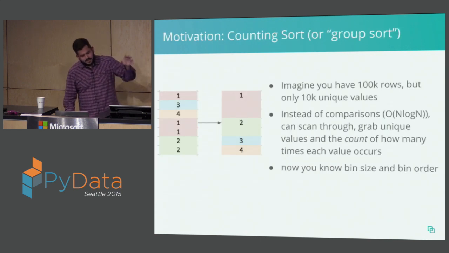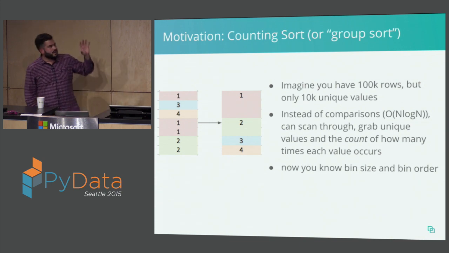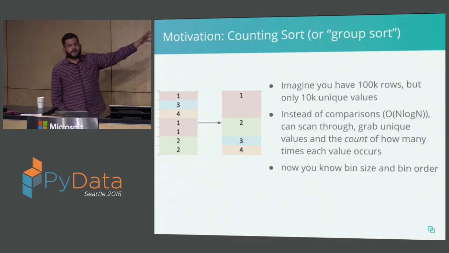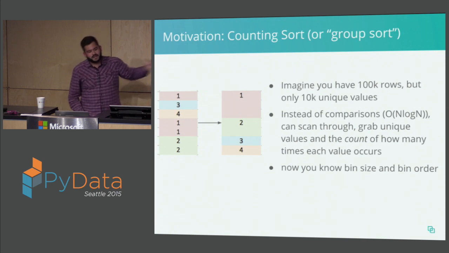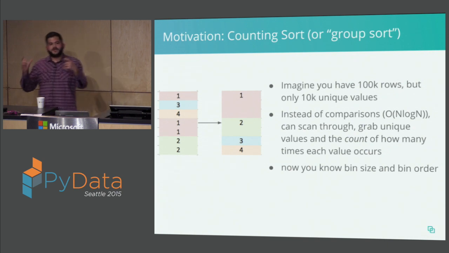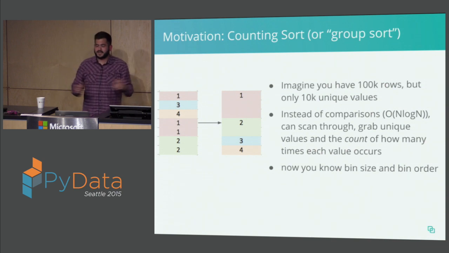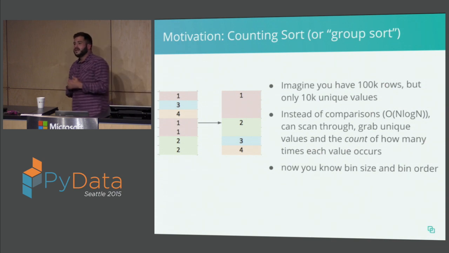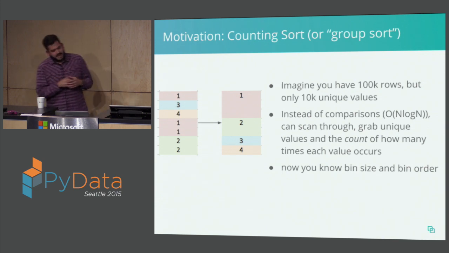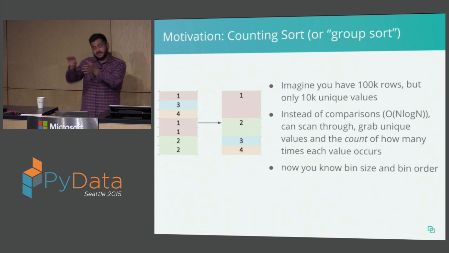So let's think about why this is useful. The one really cool thing to think about with this is counting sort. It's a sort that lets you avoid doing n log n comparisons. If you know that you have low cardinality in the array you're using, say 100,000 items and only maybe 10,000 or fewer of them unique, you can change how you do the comparisons so that you don't have to compare each element.